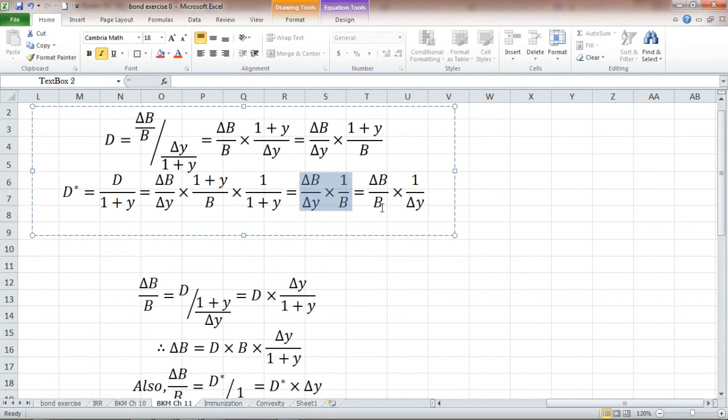You understand what that means? Bond price will change when there is a change in interest rate, right? So interest rate change causes change in bond price, and interest rate change can be predicted. It can be anticipated, because we know the Federal Reserve will raise interest rate sometime next year.